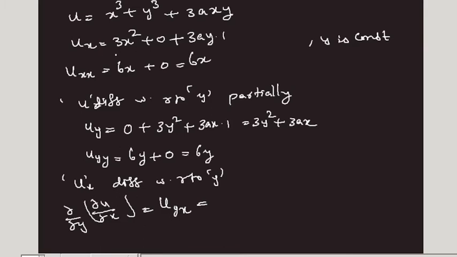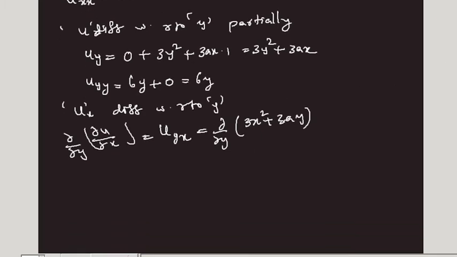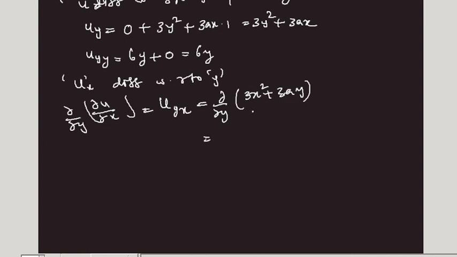U x is nothing but this one. So this one differentiate with respect to y, 3x square plus 3ay. Here we are expressing the symbol dou, so that should be remembered. If we differentiate with respect to y, x is constant, 0 plus 3a into y differentiation is 1. Answer is 3a.